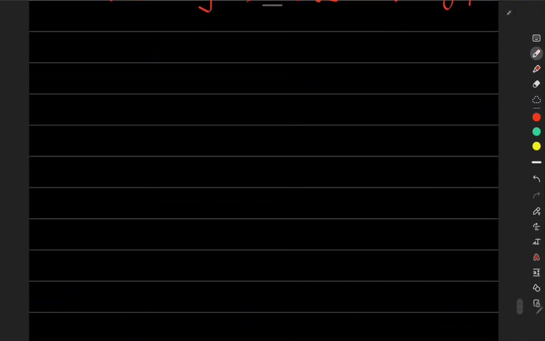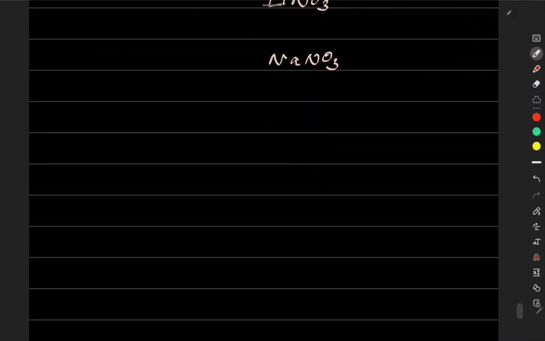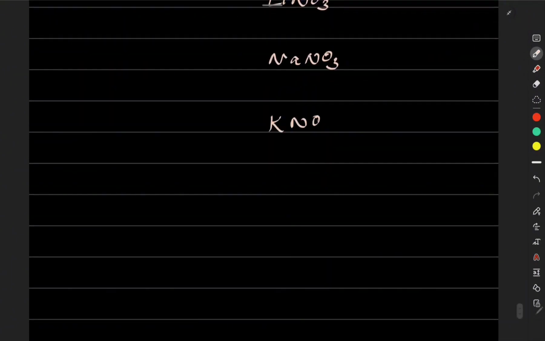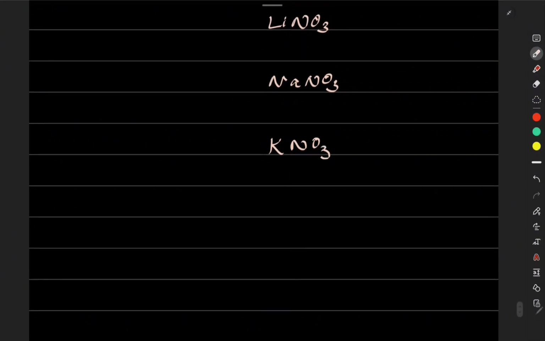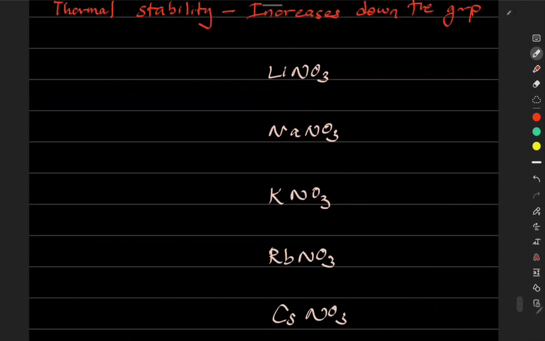The group 1 metals: lithium nitrate, sodium nitrate, potassium nitrate, rubidium nitrate, cesium nitrate.